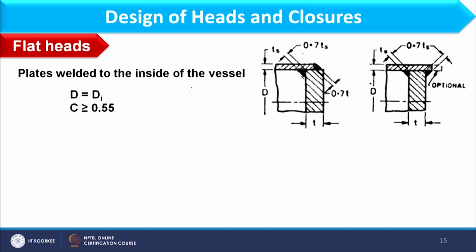So, when I have this type of connection, D should be equal to Di and the C value should be greater than 0.55. Now, if you compare this image with the previous one, the previous figure has a formed section, so there the C value was 0.45, but in this particular case the formed section is not there, and the flat head is directly attached.